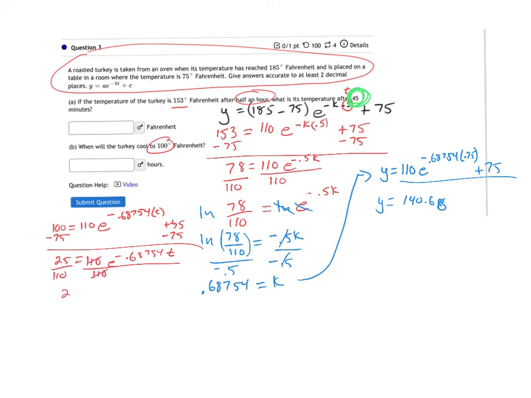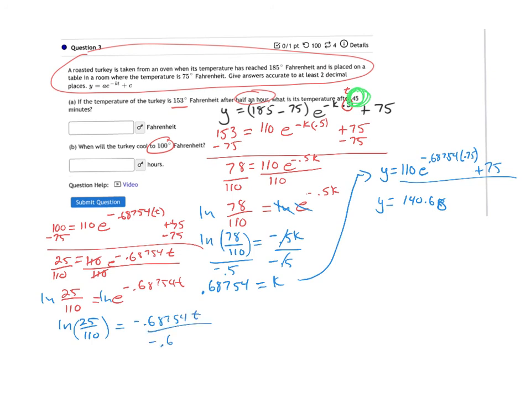And then we have 25 over 110 is equal to e to the negative 0.68754t. Do the natural log of both sides, and you get the natural log of 25 over 110 is equal to negative 0.68754t.